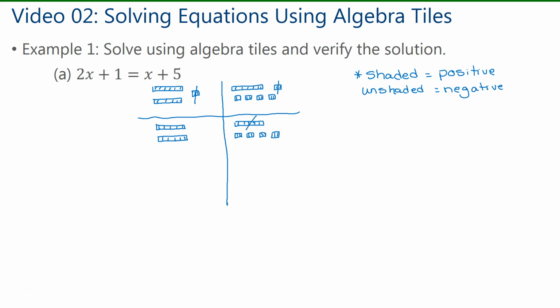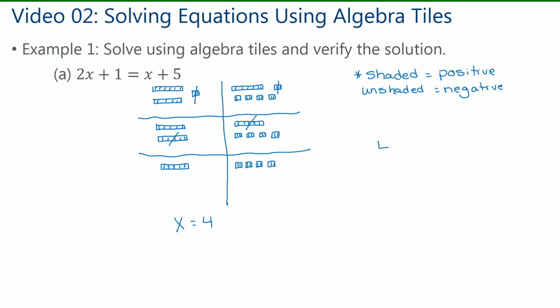So if I take one away there, I'm going to take one away here as well. So that means that each positive x tile is equal to 4 positive unit tiles. So now we can say that x is equal to 4.